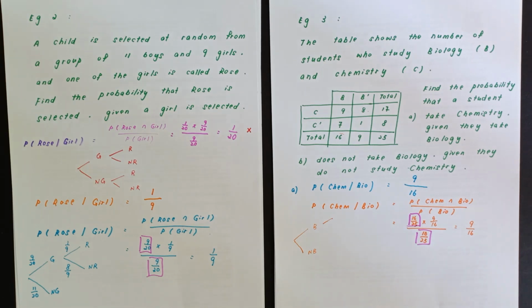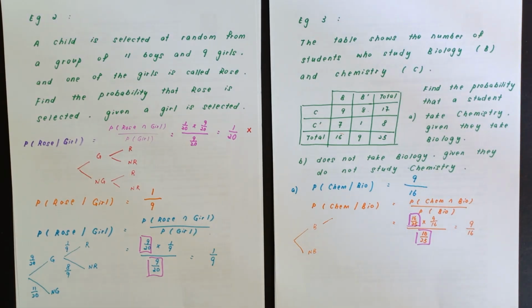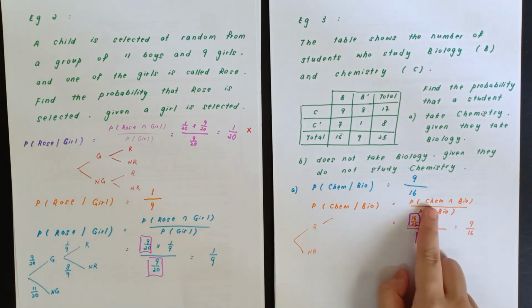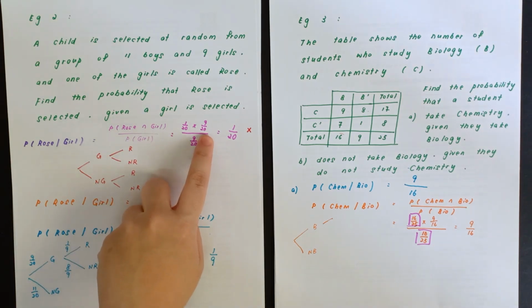So it will be easier if you understand it this way. But it's still the same. You are getting exactly the same answer, and there's no problem with the method if you want to use this. The only thing you must realize about conditional probability is that you cannot simply use probability of chemistry times probability of biology, like this.